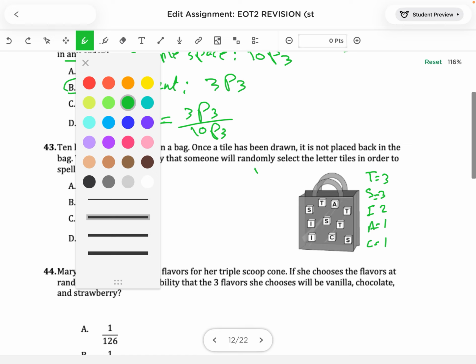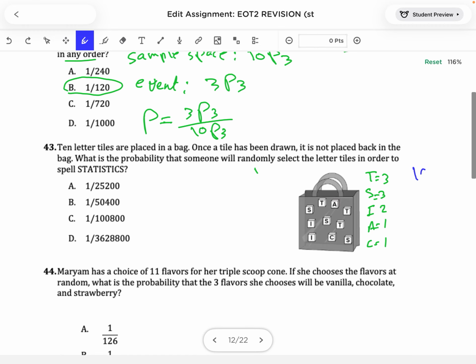And we agreed that it will be 10 factorial over 3 factorial, 3 factorial, 2 factorial, 1 and 1, which is equal to 50400. And the probability of writing statistics is 1 over 50400. But I will do it in another way. Let me write statistics here.